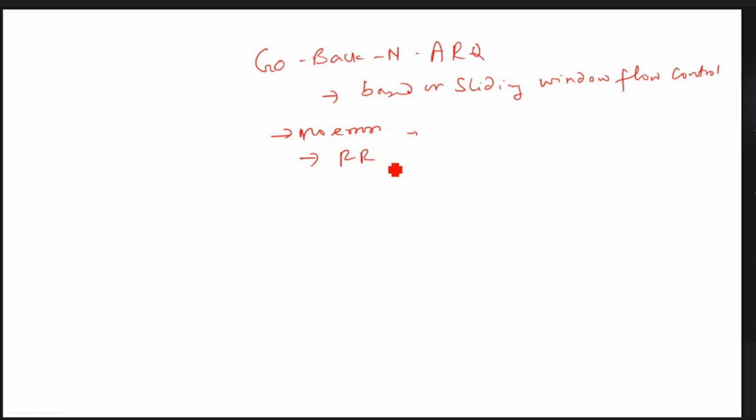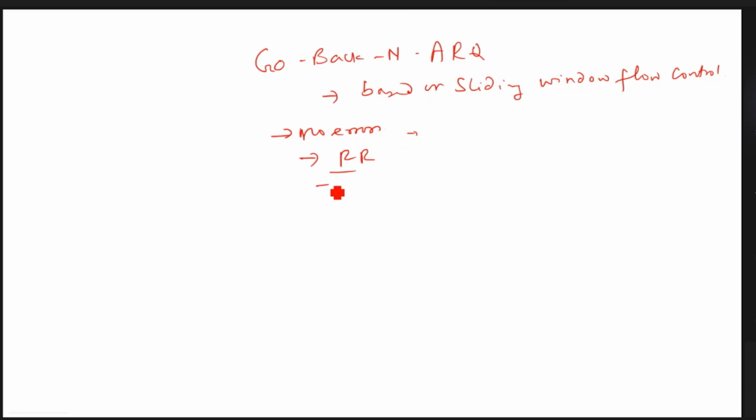RR, just like an acknowledgement. Say RR5. If it is RR5, that means it has received frames up to frame number 4, I mean 0, 1, 2, 3, 4, and is ready to receive frame number 5. So the RR command is sent if received successfully, if no errors are there.